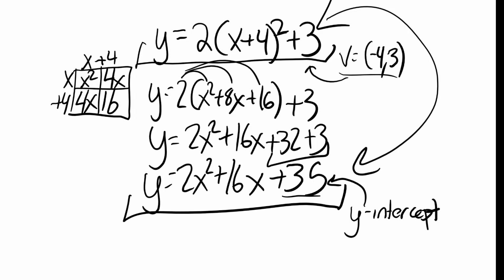Now here's the good news. Converting from vertex form to standard form isn't something I'm going to be asking you to do as an assignment now. This is actually going to be part of next unit and is deemed too hard for this unit. All you're going to be doing this unit and for this section is you're going to be given a standard form equation.